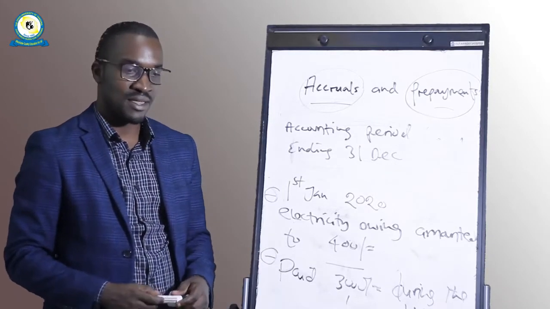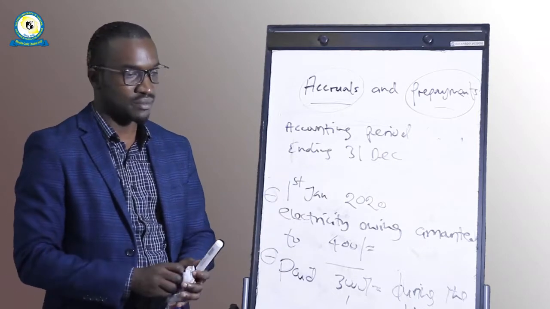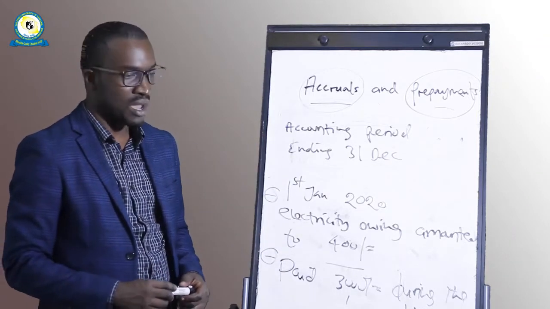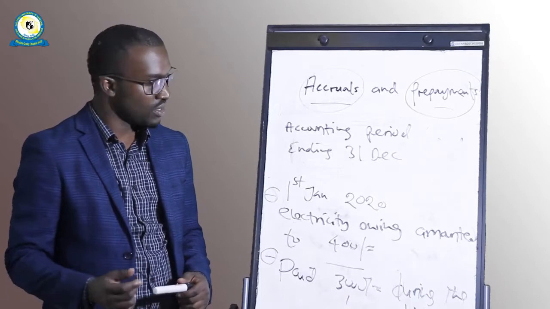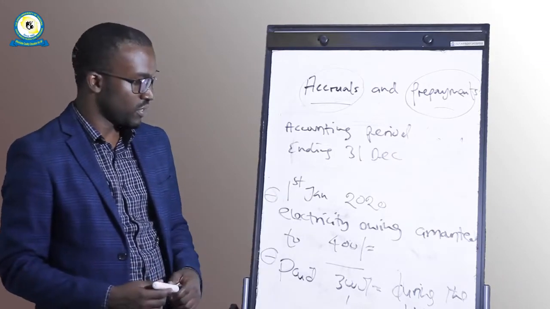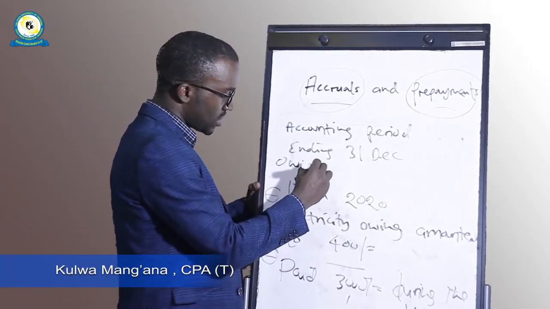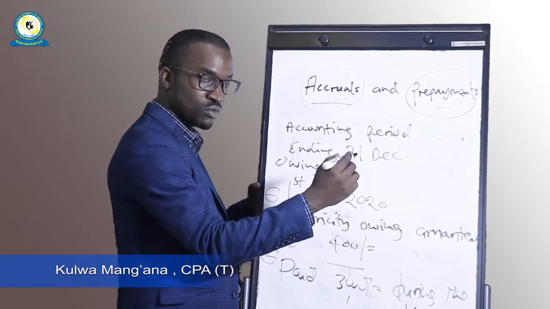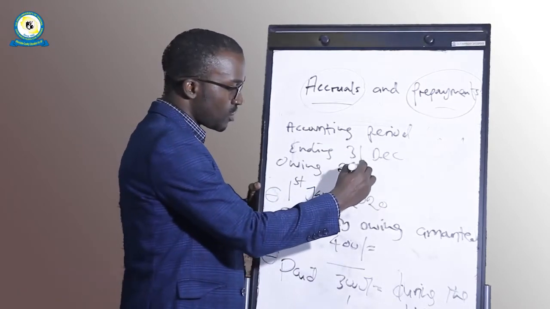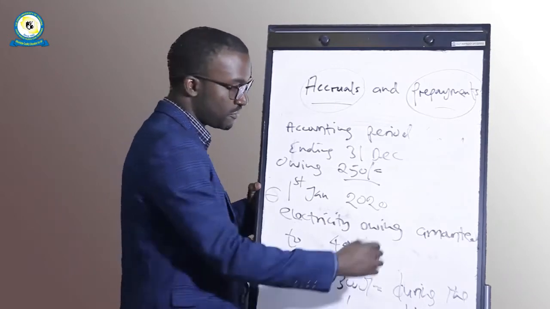But lastly, at the end of 31st December, there is an amount that is owing for electricity at this period. Okay, so again at the ending period, we have an amount owing for electricity. There is an amount owing of 250 for electricity.